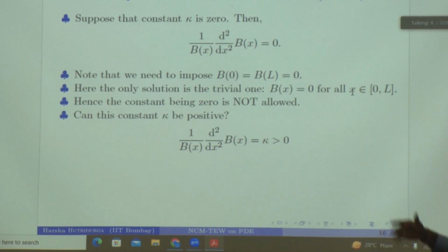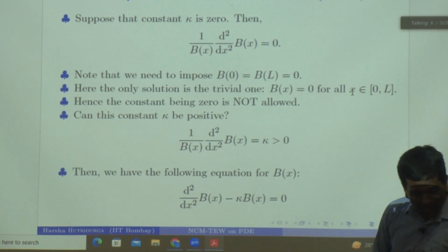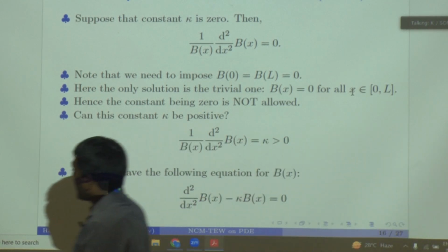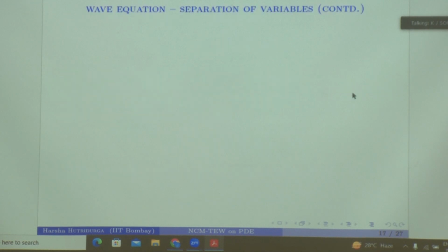So here you take kappa to be positive, and that translates to this equation: y double prime minus kappa times y is equal to 0. And this is the very familiar structure where we teach the ODE classes.